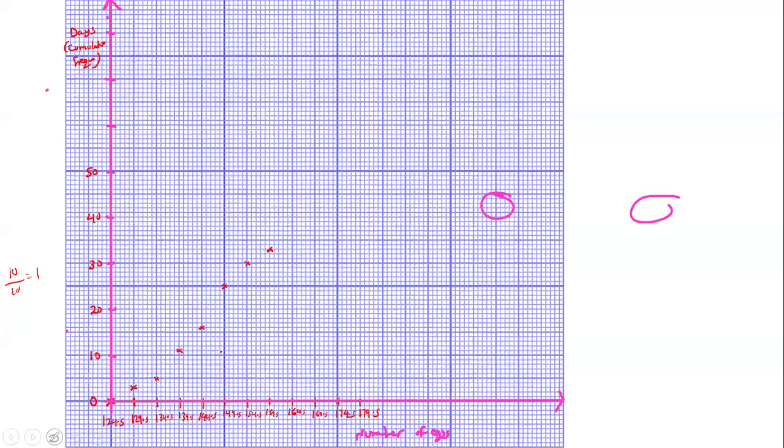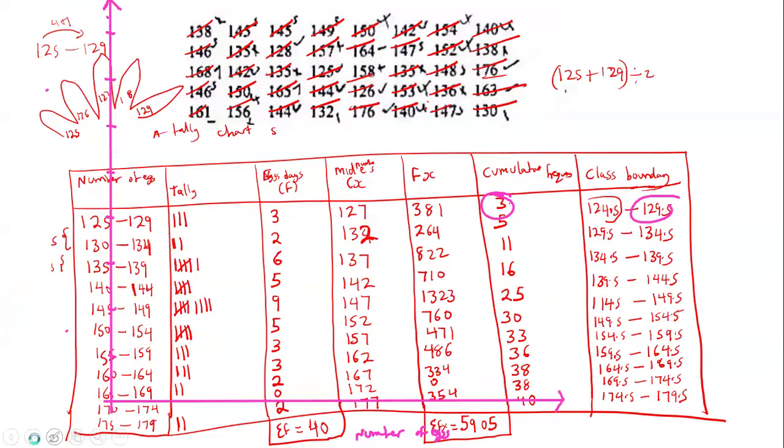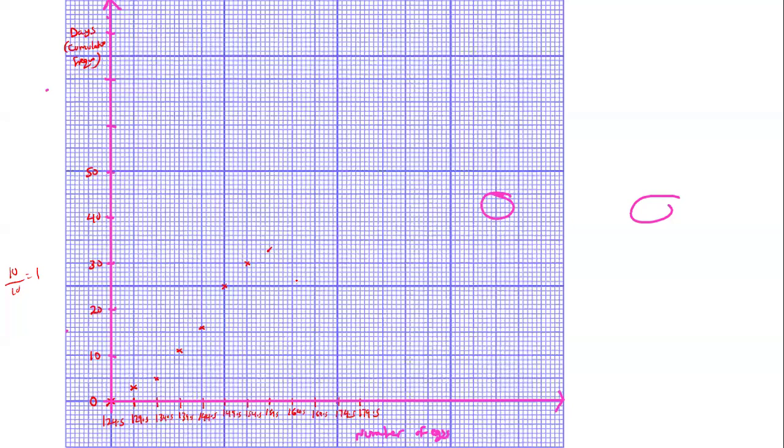Then 36, 38, 38. 36 is here, then 37, 38. 38 is here.